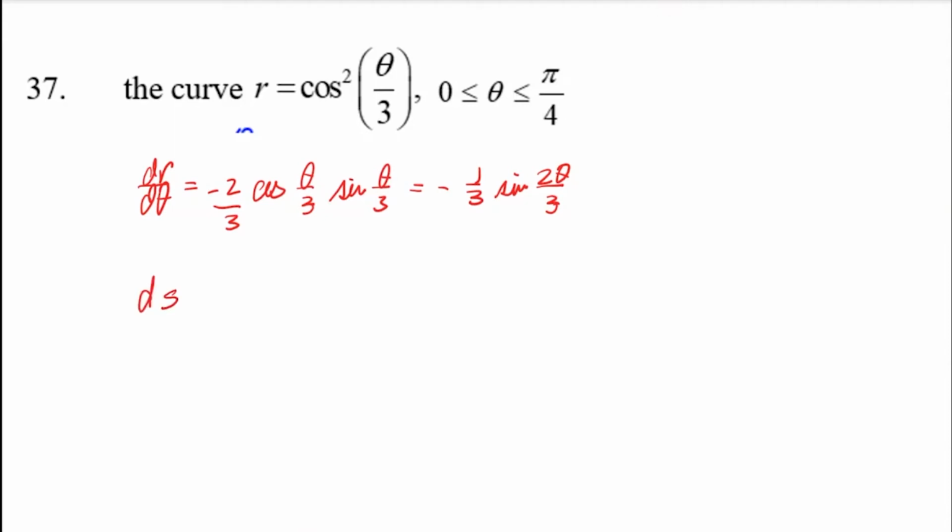ds is equal to the square root of r squared. So we have cosine to the 4th power theta over 3, plus this thing squared, so 1/9 of sine squared 2 theta over 3, d theta.